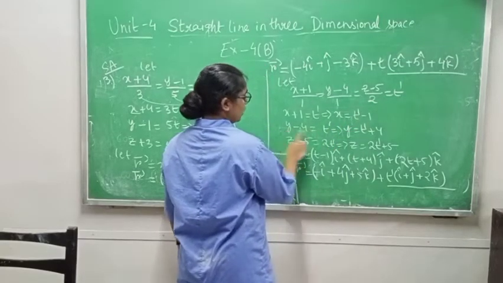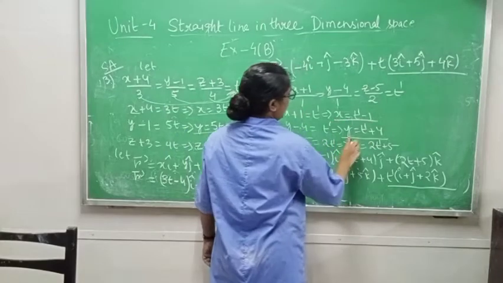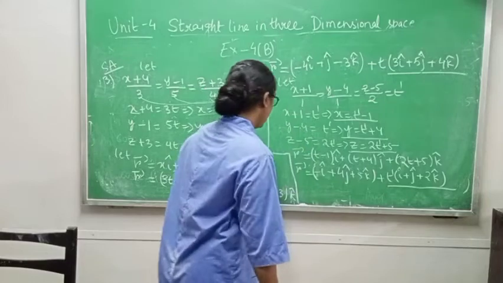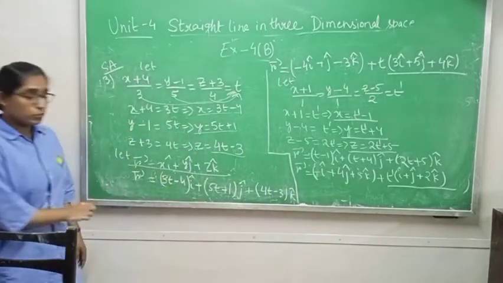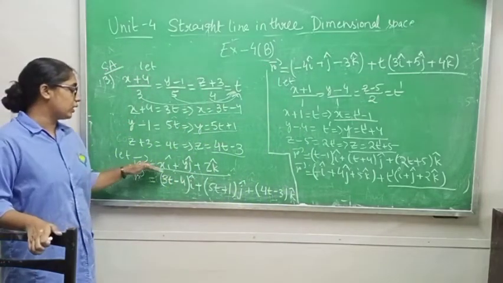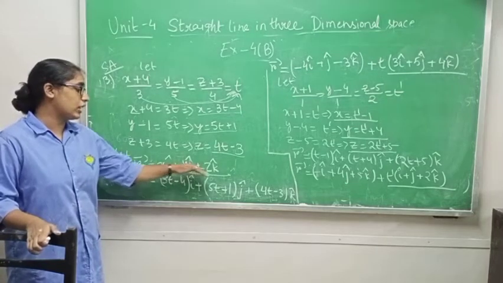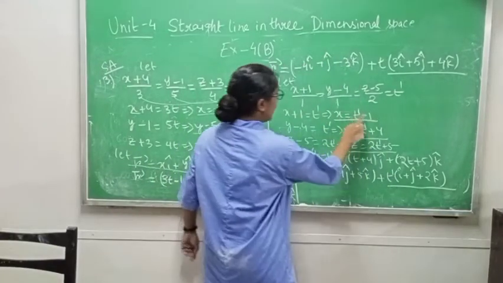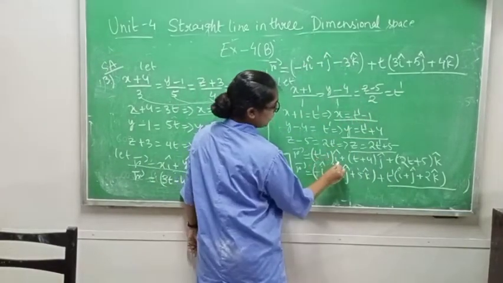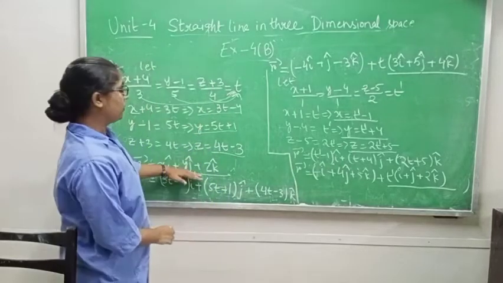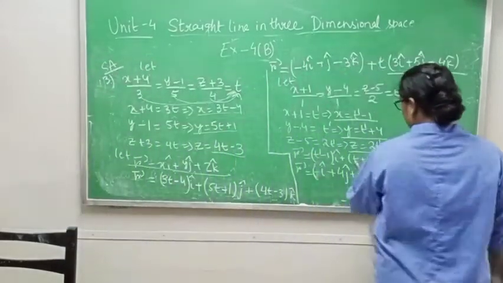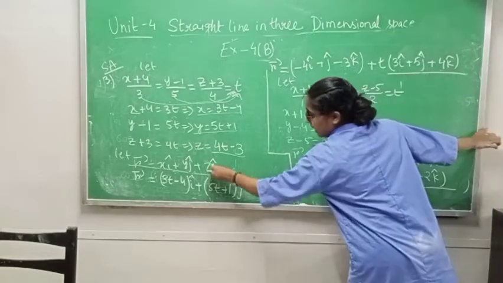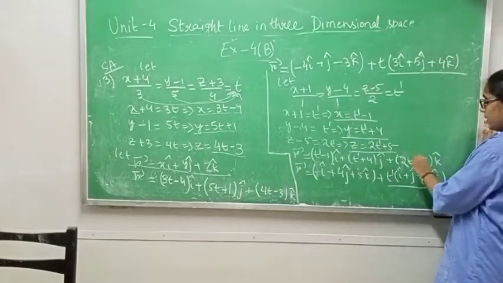Then I will find the y value, which I am getting as t dash + 4, and the z value I am getting as 2t dash + 5. The same formula we will use to convert into vector form, which is r vector equals x i cap plus y j cap plus z k cap. Now in place of x we will put t dash − 1, then i cap. In place of y, we will put t dash + 4. Then in place of z, we will put 2t dash + 5.